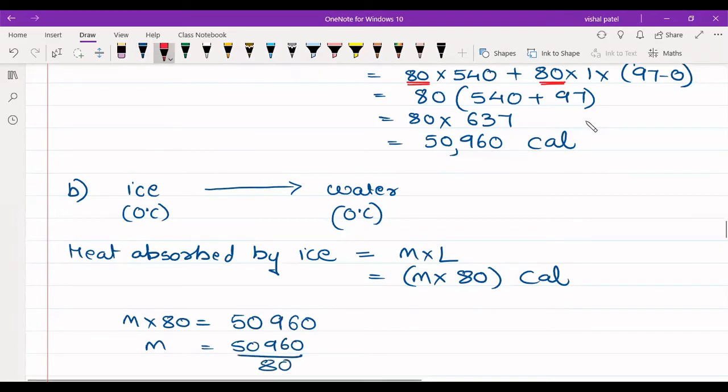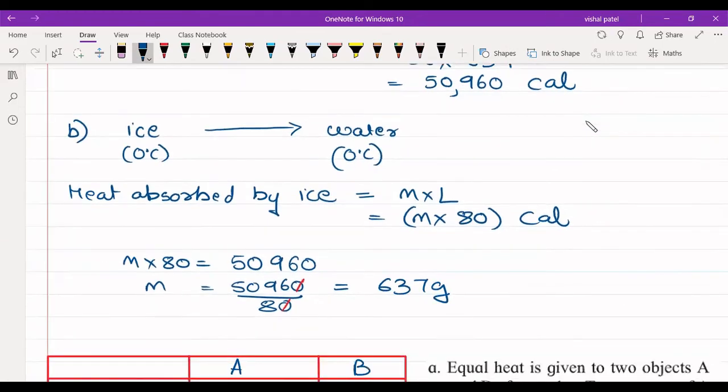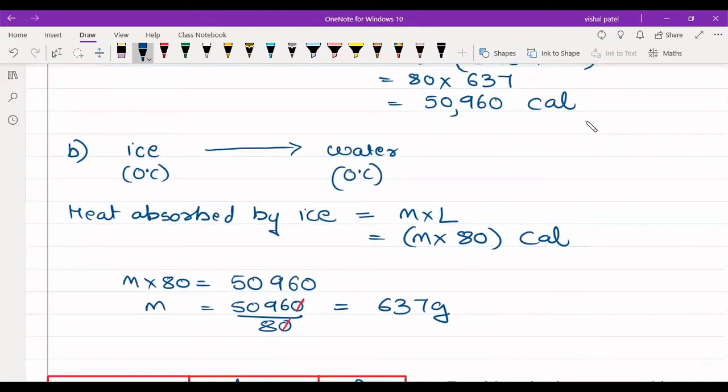Is this understood, students? So the mass of ice is 637.